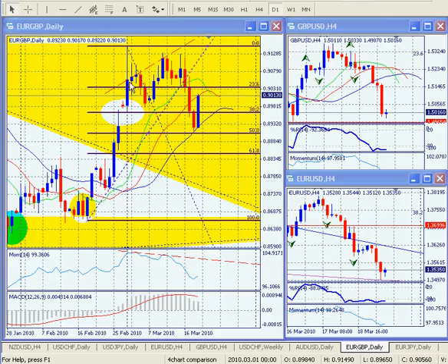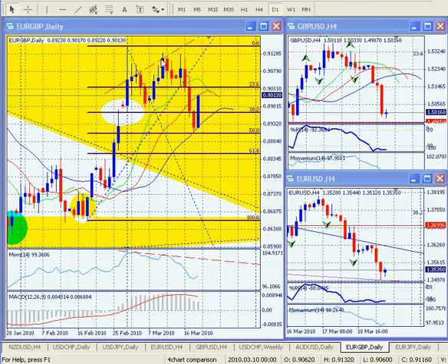Here we have the Euro Pound daily chart presentation that started way back on February 16 on the low side at 0.8655 to as high as 0.9150, where you will see a diagonal upside line.